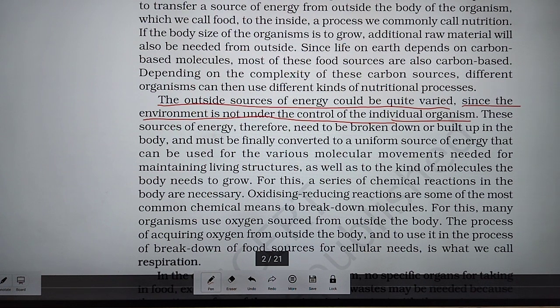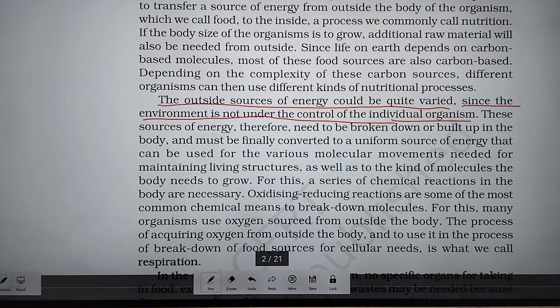It is not fixed. The environment is not under the control of the individual organism.